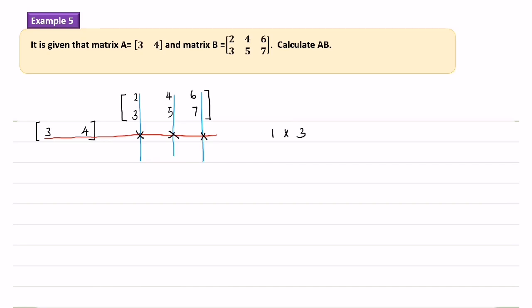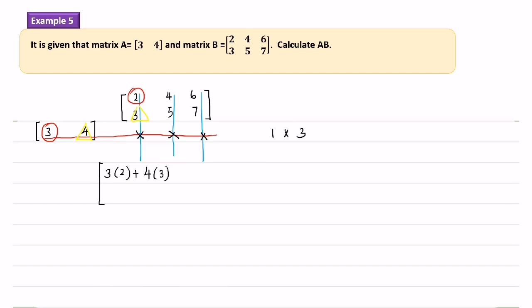Okay, so now we multiply row by column. Here, matrix A, we have 1 row and 2 columns. So you need to add. In 1 row, you have 2 elements you need to add here. So 3 times 2 plus 4 times 3.